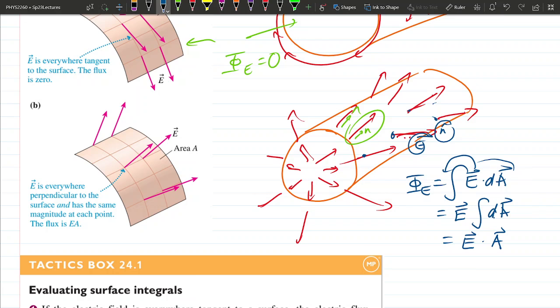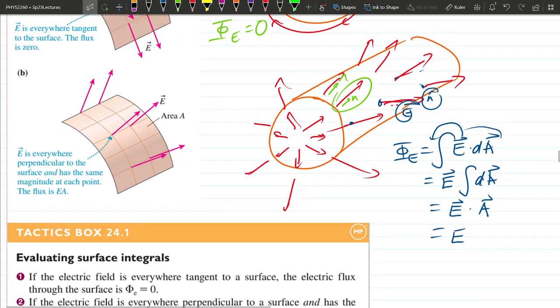So to calculate the electric flux, you just have to know the magnitude of the electric field and the area of the cylinder. Imagine you have a piece of paper. If I wrap it like this, it's a cylinder. If I want to figure out the area of this cylinder, I just unwrap the piece of paper.